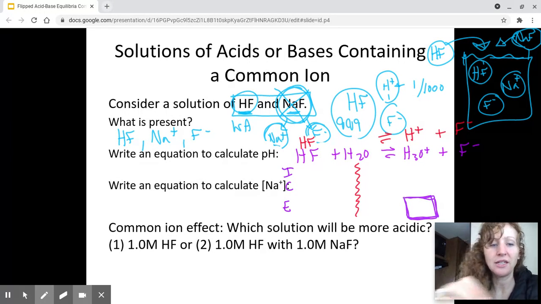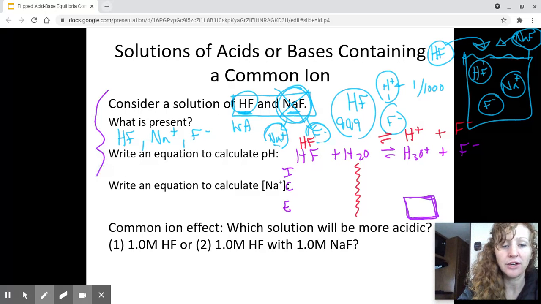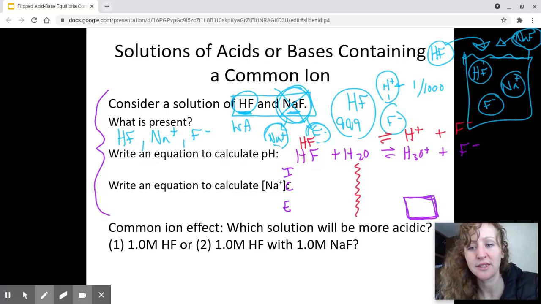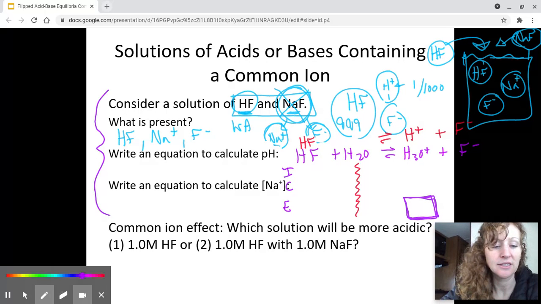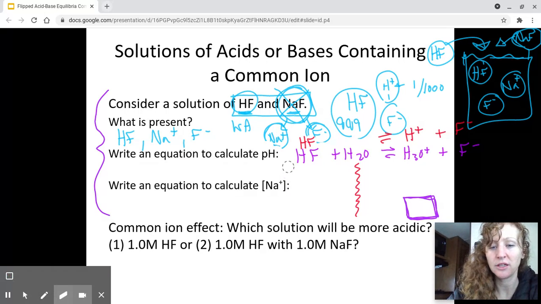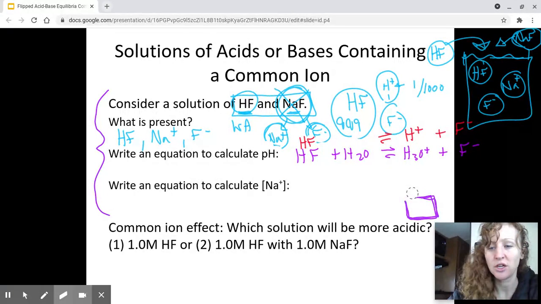Now, they haven't yet given us a scenario, right? So let's just talk reactions for now. What reaction would we set up to find these different things? So to find the hydrogen ion concentration, we would use that reaction in purple.